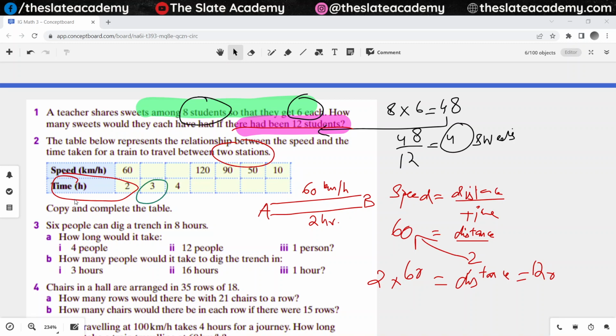Miss Aisha? I would again do speed is equal to distance over time. So how much is the distance? Distance is still 120. The time it takes is 3 hours. So the speed now is 40 kilometers per hour.